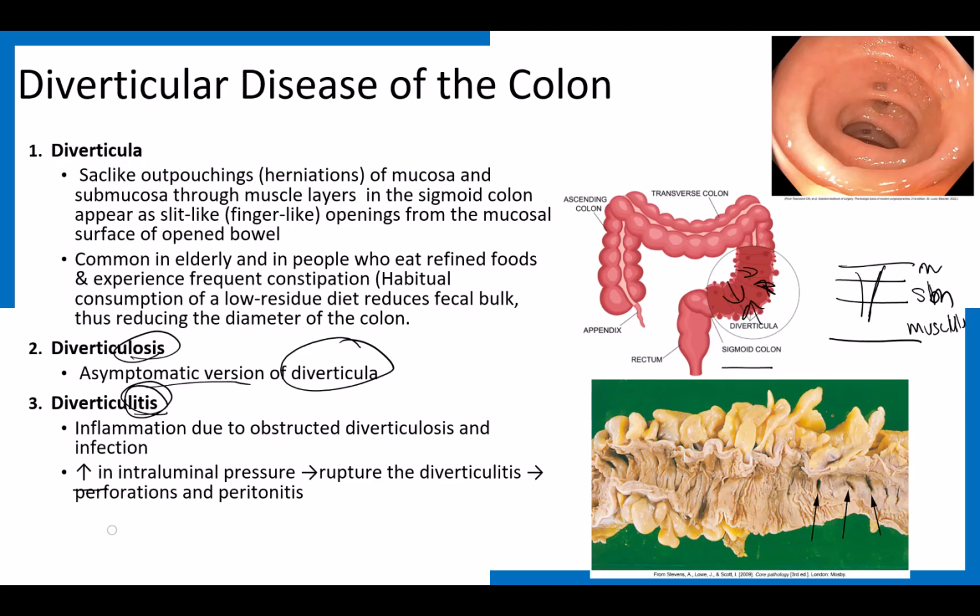It can increase the pressure inside of the lumen of the colon, so it causes an increase in intraluminal pressure, and if it increases enough, it can rupture the diverticula and cause perforations, holes all the way through the different layers of the colon, and cause peritonitis, right? Inflammation of the peritoneal cavity.